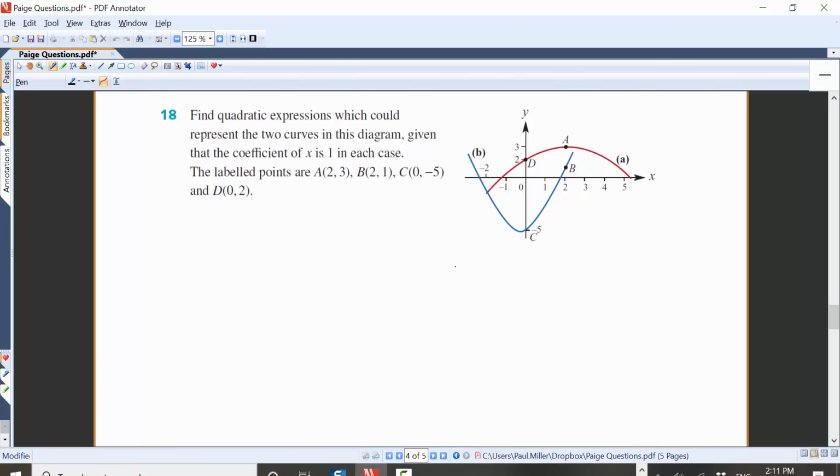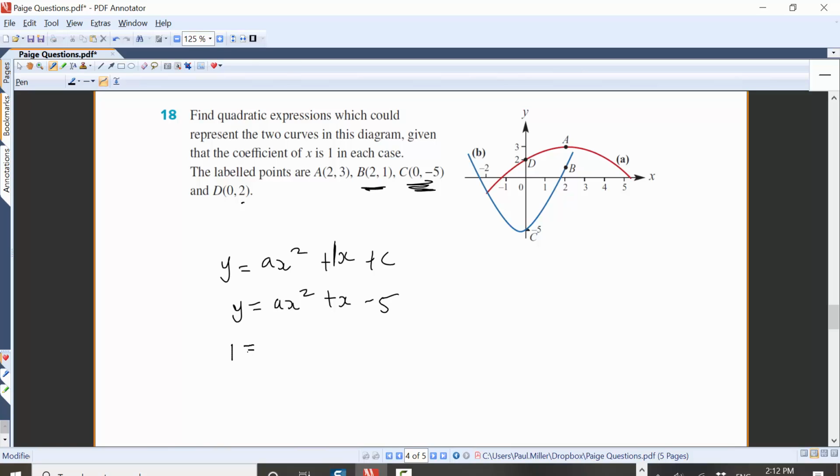All right, so for this curve, or curve B, what do I know? I know that it's going to take the form y = ax^2 + x + c, not bx, because I know that the coefficient here is 1. And what I'm going to do is just sub in point C. Well, I don't need to sub it in actually. It's going to be y = ax^2 + x - 5, because that's going to be the y-intercept, which means that if I substitute point B, which is (2, 1), this will give me the value of a.